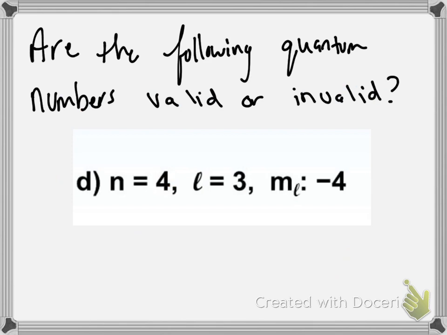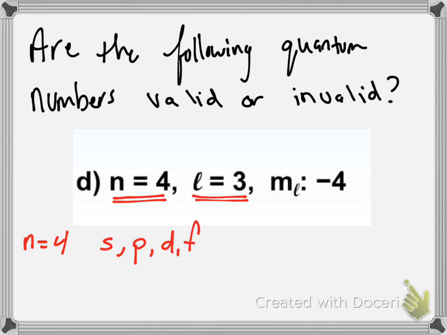Pause the video and try to answer this question. Are the following quantum numbers valid or invalid? Okay, now in energy level 4, we have s, p, d, and f. What does it mean, l equals 3? l equals 3 means f.